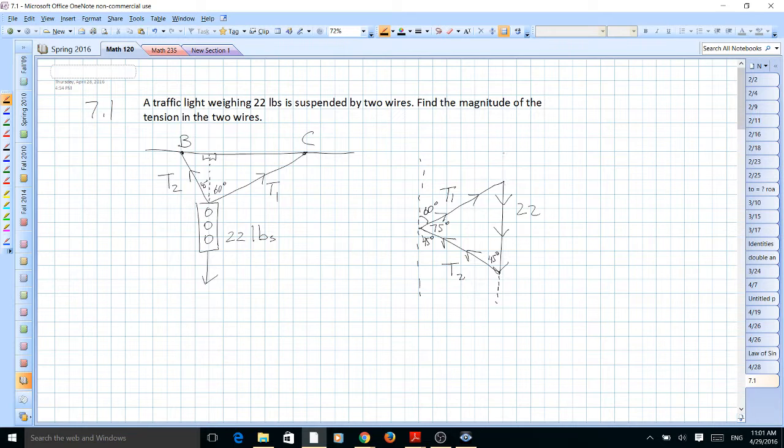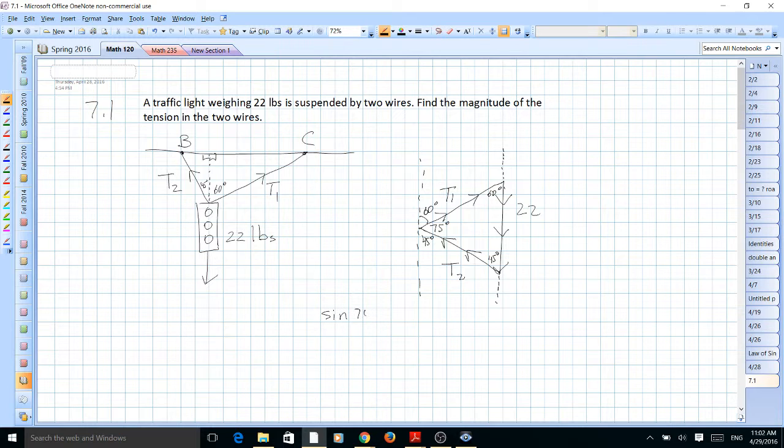I also know that these are another pair of alternate interior angles, so this again forms 60 degrees. So once I have my triangle's angles, I have a side that's opposite of the 75 degrees, and I can easily start my law of sines.